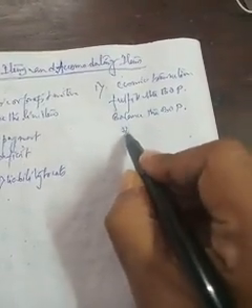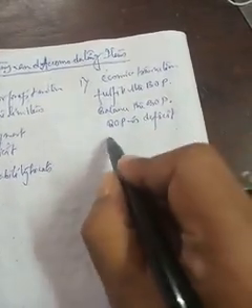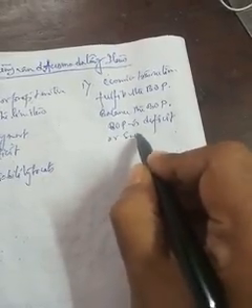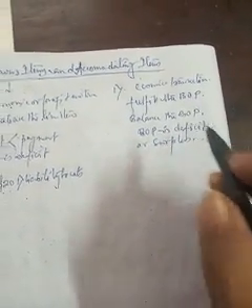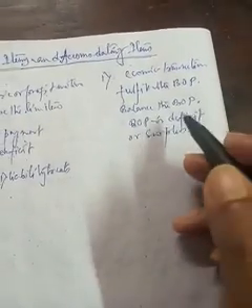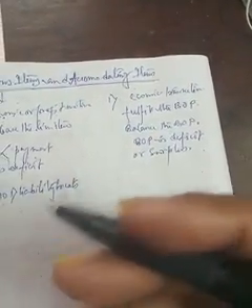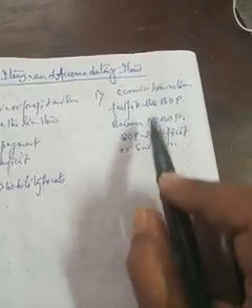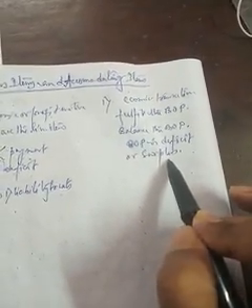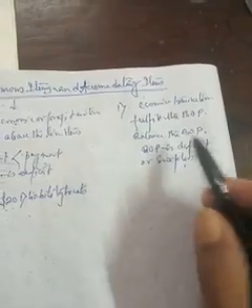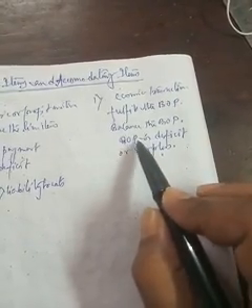That means if our BOP is in deficit or surplus, then the government will finance or take some initiatives to make the balance of payment balanced.